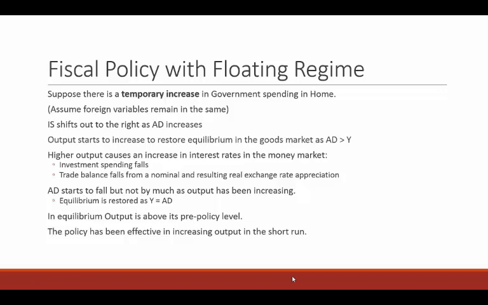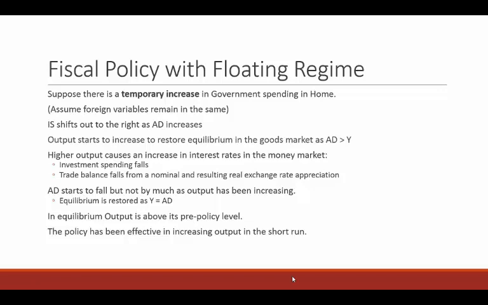The increase in government spending will shift the IS curve out to the right as aggregate demand increases. In the goods market, output starts to rise as a result, but the higher output causes interest rates to increase in the money market and the trade balance to fall due to increased imports.